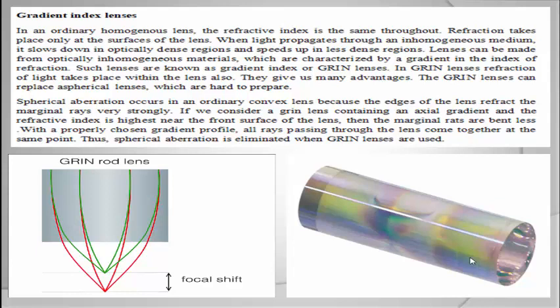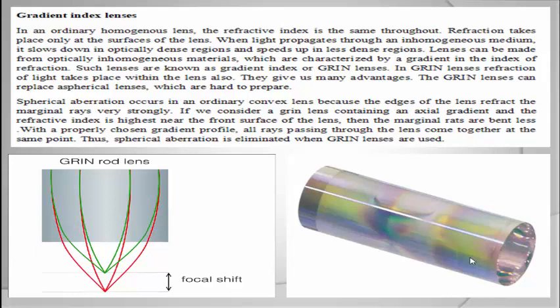When light propagates through an inhomogeneous medium, it slows down in an optically dense region and speeds up in a less dense region. Lenses can be made from optically inhomogeneous materials which are characterized by a gradient in the index of refraction. Such lenses are known as gradient index or GRIN lenses.